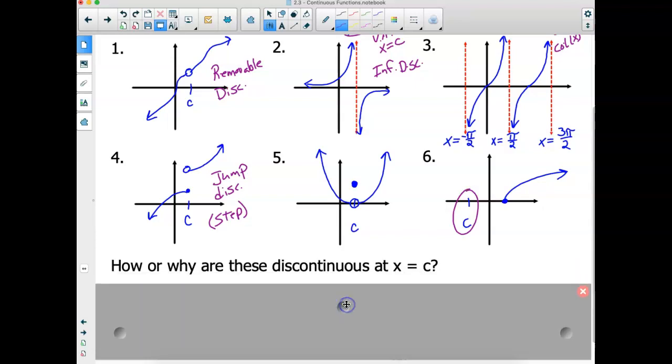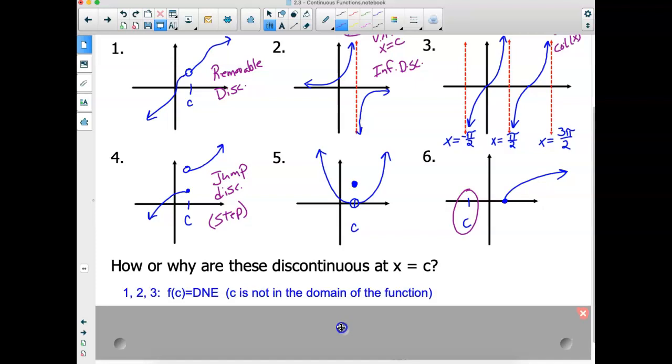So we're going to take a little peek at these and ask how or why these are discontinuous at x equals c. Okay. Again, numbers 1, 2, and 3, I could throw 6 into this mix too, are not continuous for a particular reason. They are not continuous because f of c does not exist.